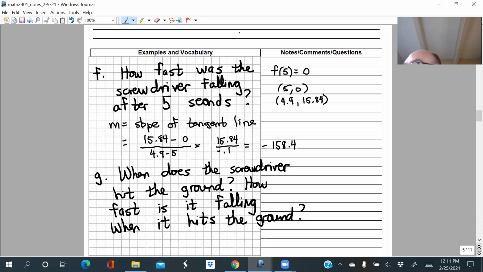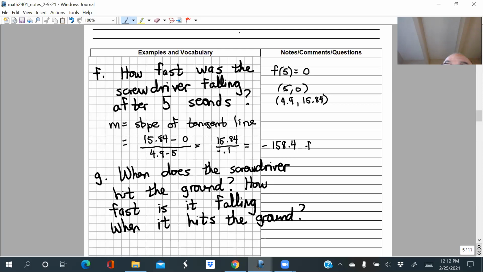Did I do that right? Did y'all agree, did I appear to do that arithmetic correctly? Are there any disputes with that? No. Okay, so there's how fast the screwdriver was going, right? It was dropping because this is negative, right?